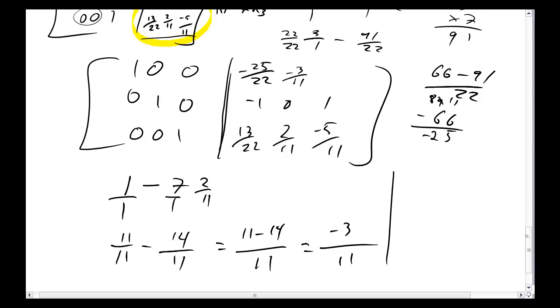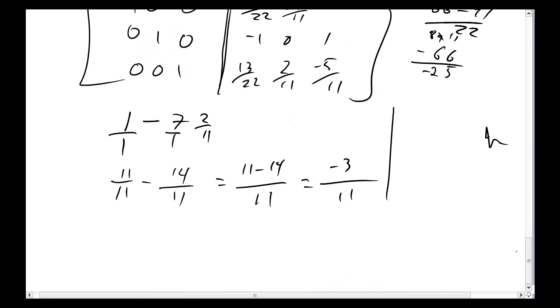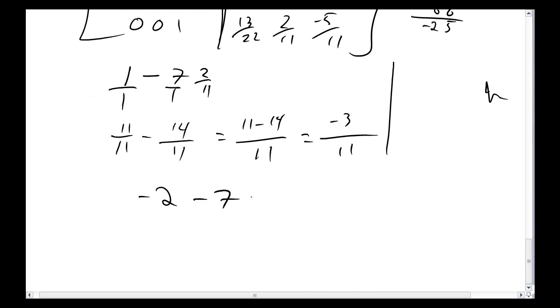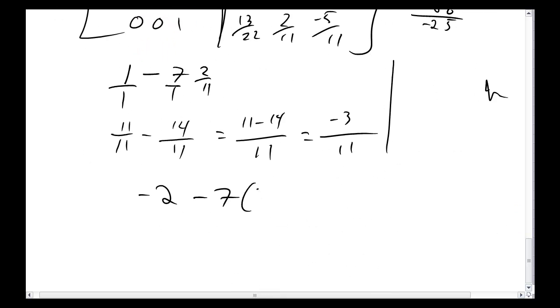And finally, my very last spot for row 1 minus 7 row 3, I've got negative 2. And with that negative 2, I've got negative 2 minus 7 times row 3, and row 3 for this last spot is negative 5 over 11. And that's over 1, and this is over 1.